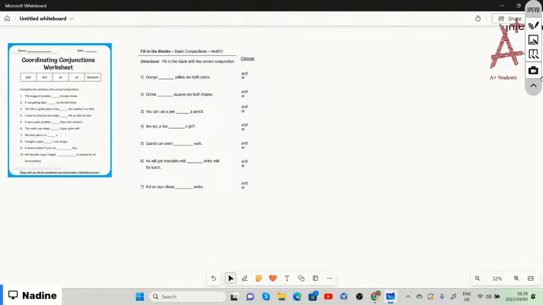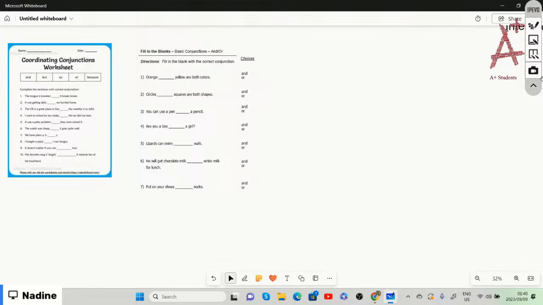Orange, yellow, or both colors. Do we say orange and yellow or both colors? Or orange or yellow or both colors? So if we choose the coordinating conjunction, is it or or is it and?